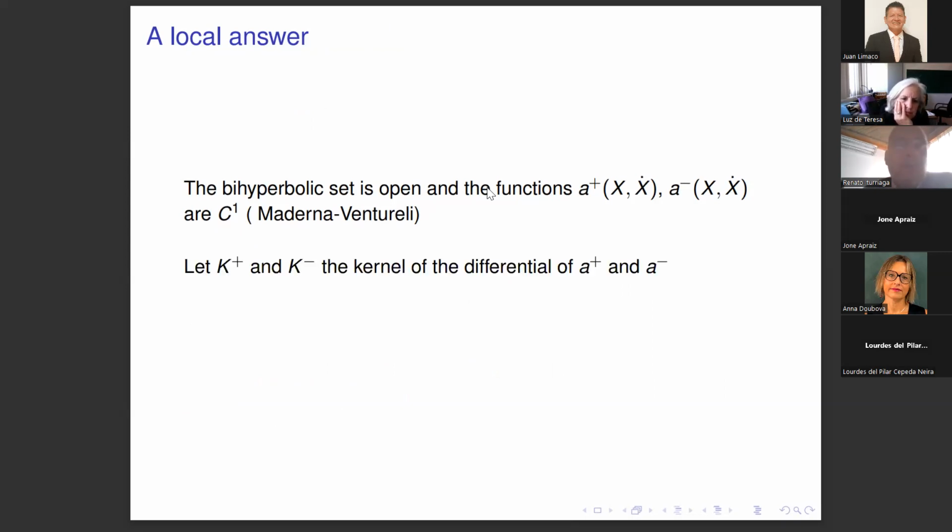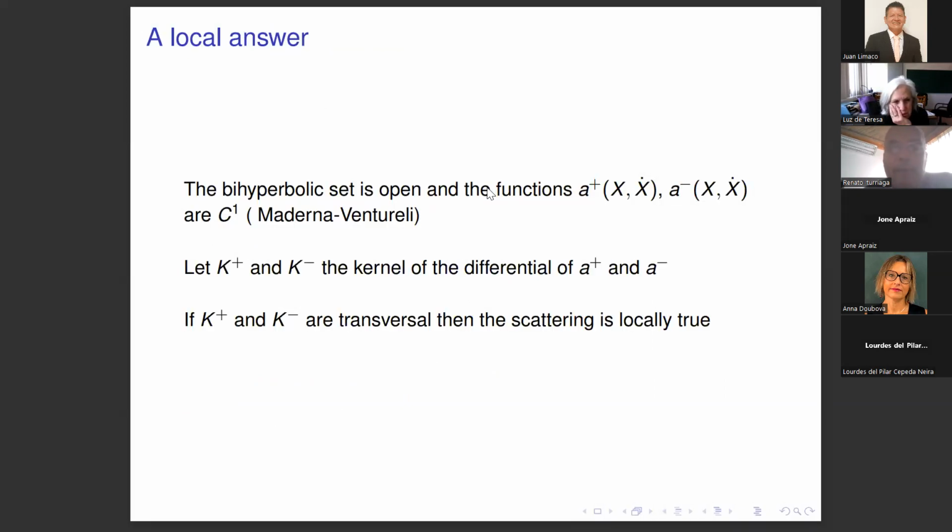If you look at K plus and K minus, the kernels of the differentials of A plus and A minus, then a trivial application of the inverse function theorem is that if K plus and K minus are transversal, then the scattering is locally true. So if you have a bihyperbolic orbit and you know that K plus and K minus are transversal, you can find this scattering.